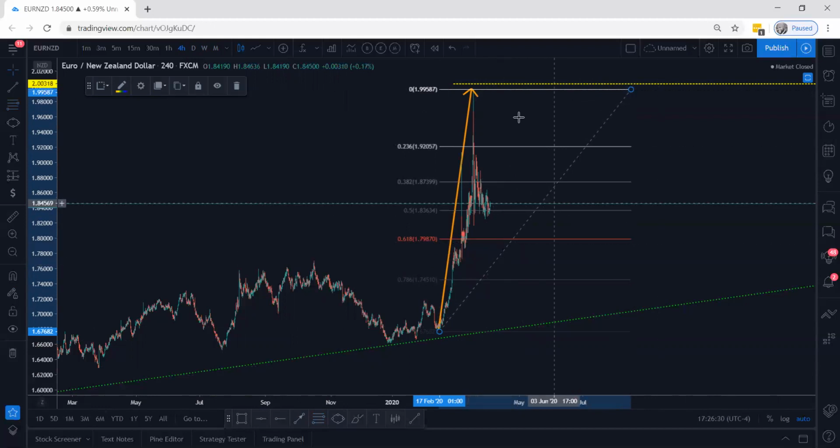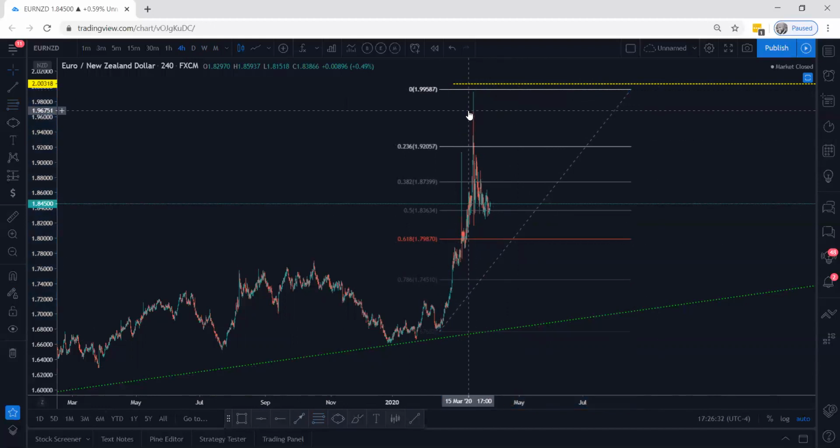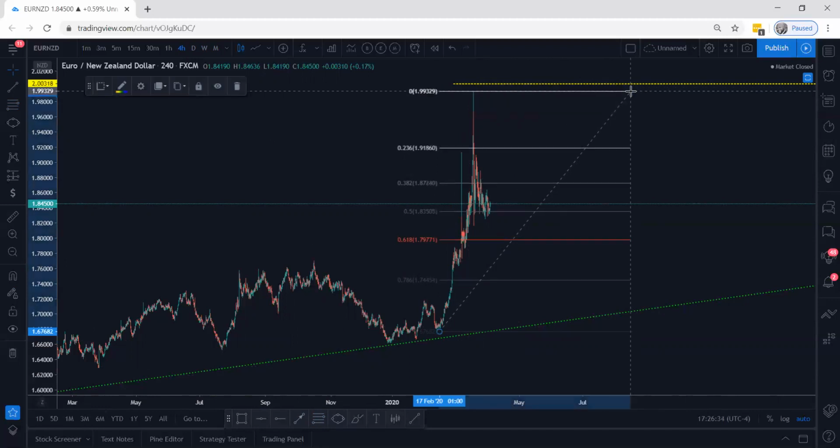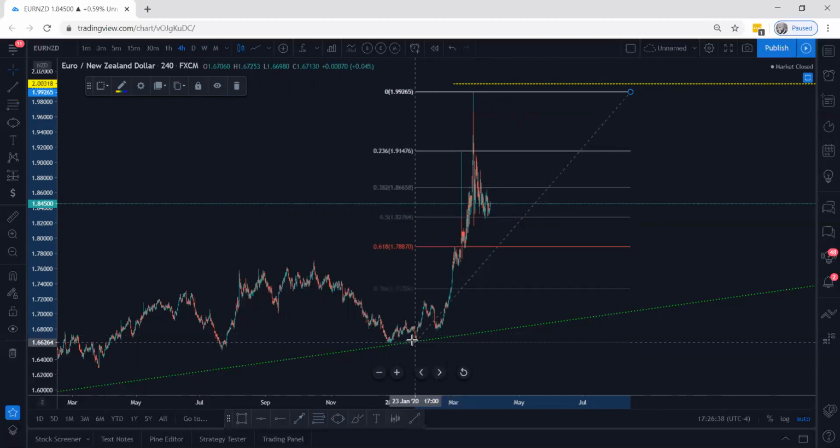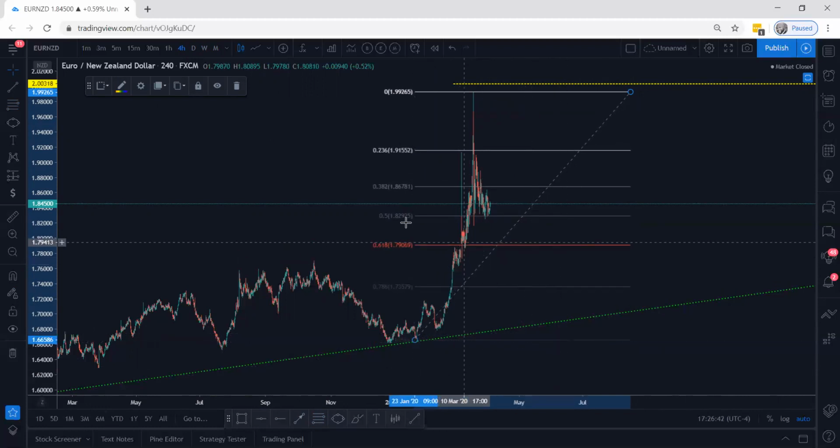And as you can see here, so you go wick to wick. And I'll even take it down here because this is where the actual impulse started. So as you can see here, price has pulled back to this 50% mark, and it's pretty much rejecting and respecting that area right there.